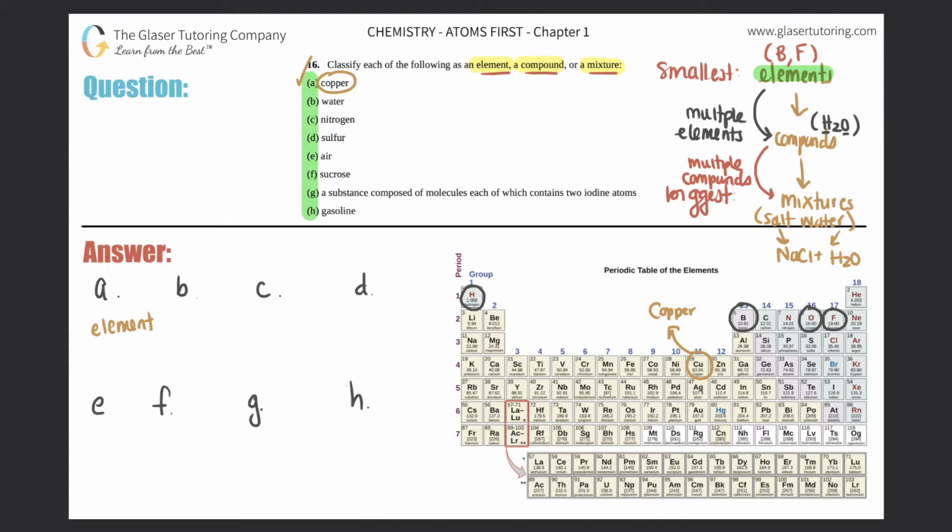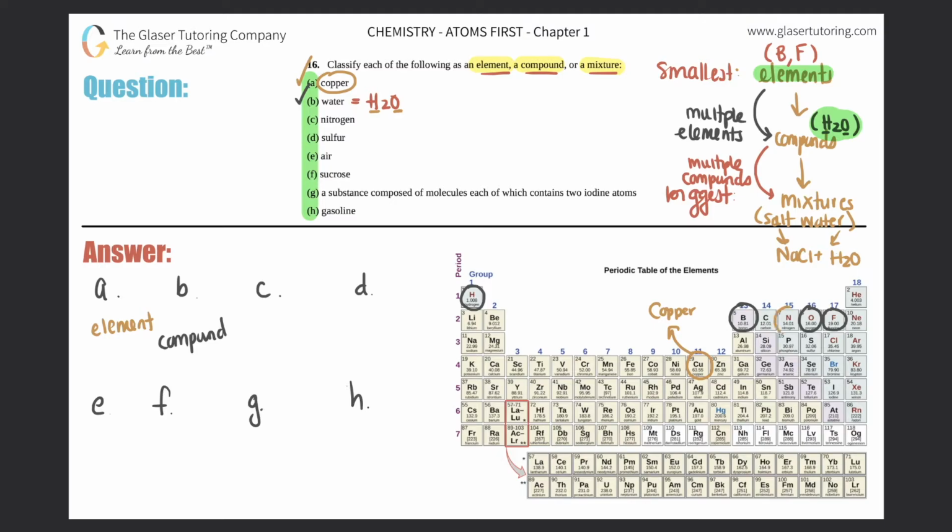B, water. What do we know water is? Oh, well, water is H2O. And just like we said before, here's water. Water is a compound because it contains two different elements. So B is a compound. Okay, that gets rid of that one. Nitrogen. Can nitrogen be found on a single box on the periodic table? Yes, it can.